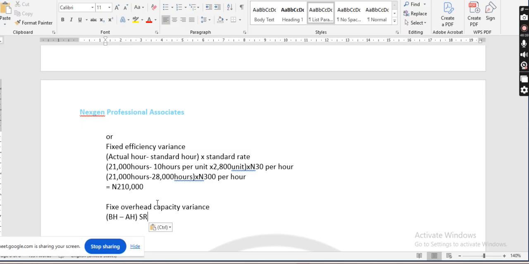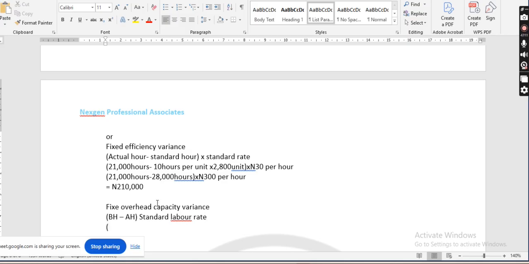What should we use in the capacity? What is your capacity level? You want to know the person's capacity level. So this will be the standard labor rates.